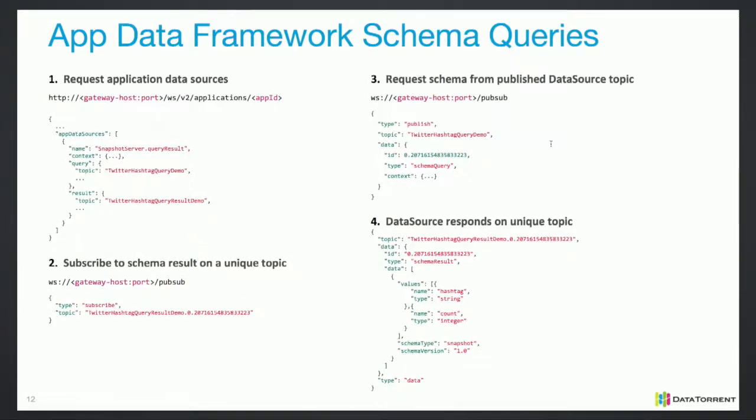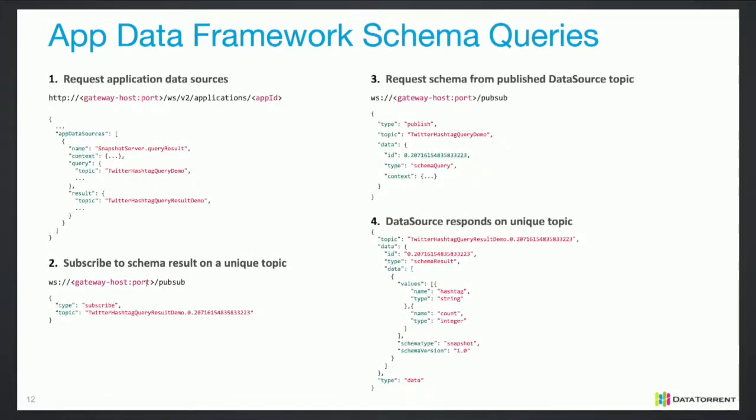So here's a few examples. This is how the schema queries are happening. You connect to the gateway, and then on a WebSocket, you issue a request for your data sources, which gives you a list of available data sources.